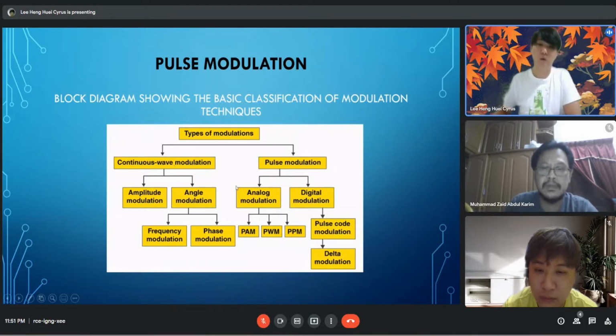We are going to focus on the pulse modulation part today, in analog modulation and digital modulations. There are three different types of analog modulation and digital type modulation, with some new technology of digital modulations.